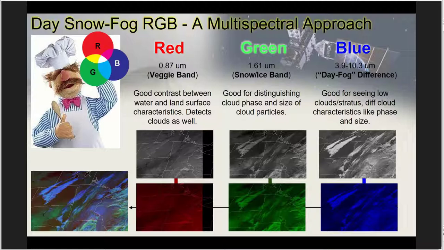And then lastly, in the blue component is the day fog difference, and this is also good for seeing the differences between ice-based clouds and water-based clouds. Since it relies on the shortwave infrared band, that 3.9 micrometer, it can also detect some cloud sizes and ice crystal size.